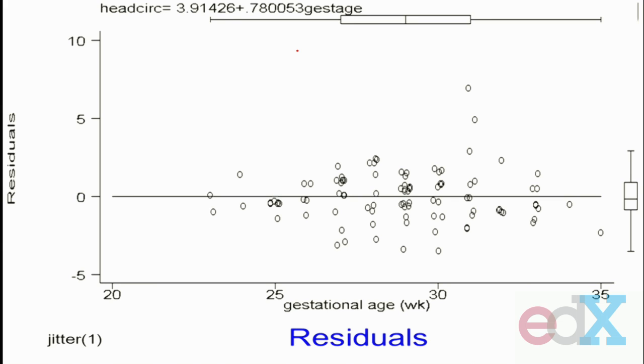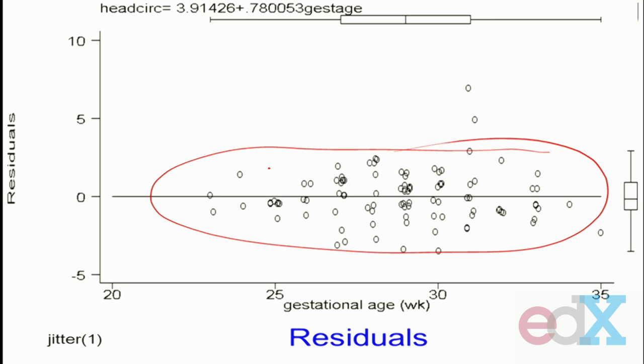Now, what we can do to reinforce this belief that the regression line was pretty good, and also evaluate what our assumption of homoscedasticity meant, is look at the residuals. And here they are, horizontally, and it looks like the variance or the standard deviation doesn't seem to vary too much with gestational age.